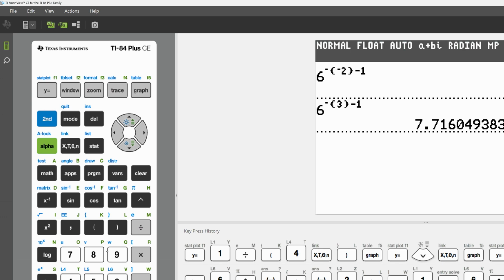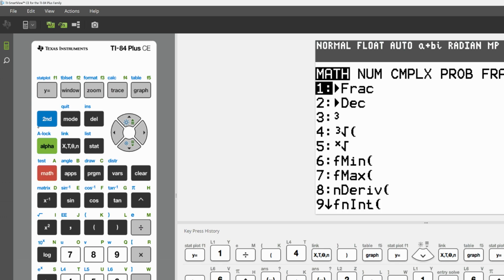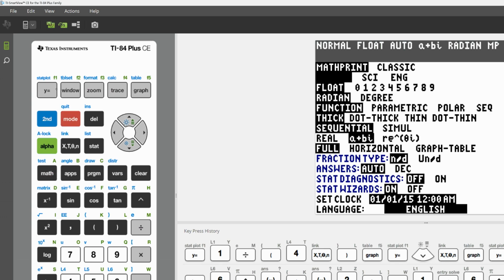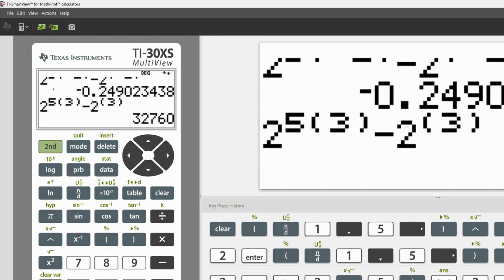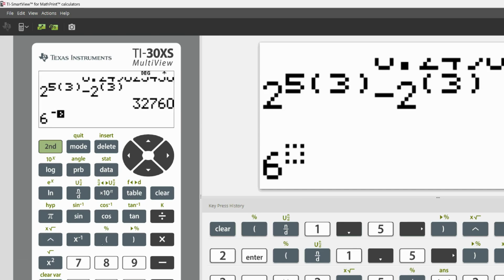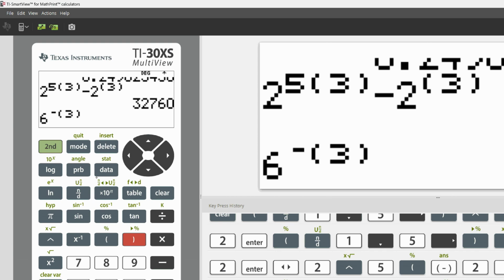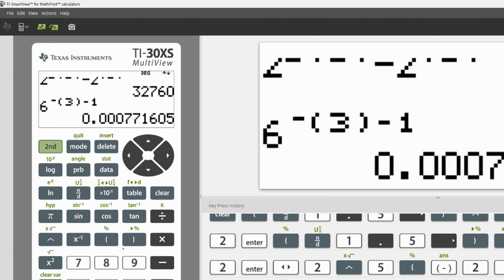So you have to get, well, 1.7, it's doing scientific. For some reason it's doing scientific. 6 to the negative x minus 1.